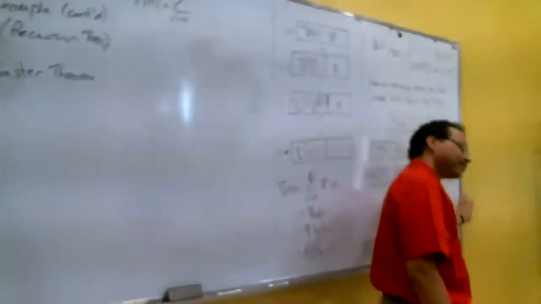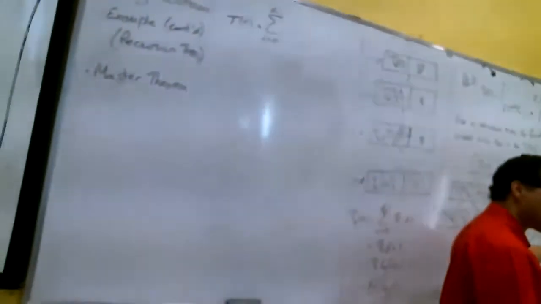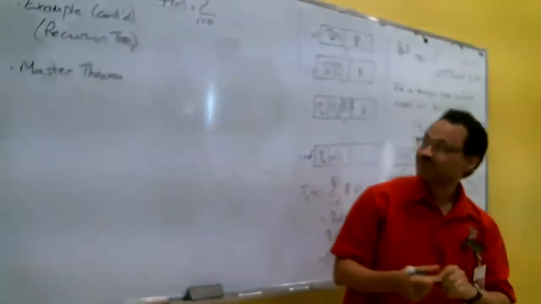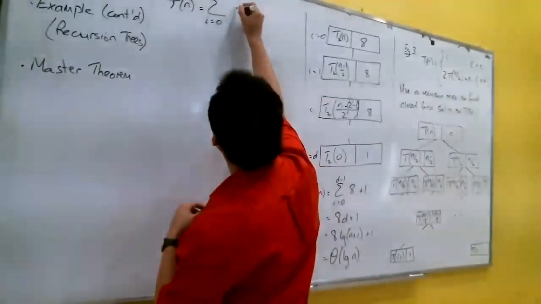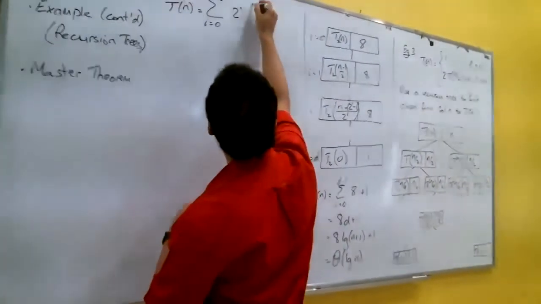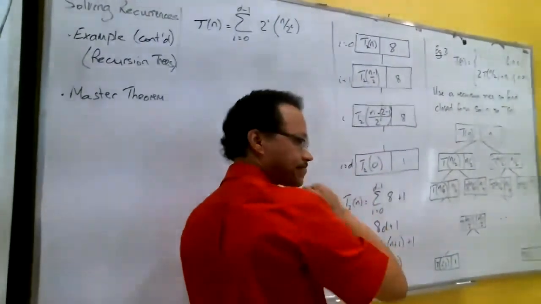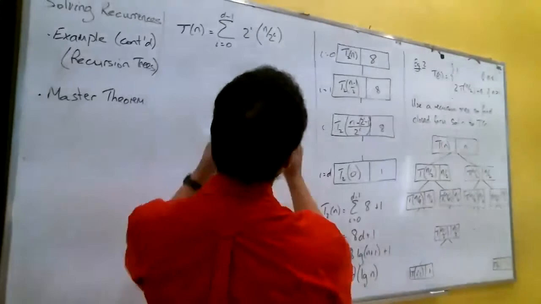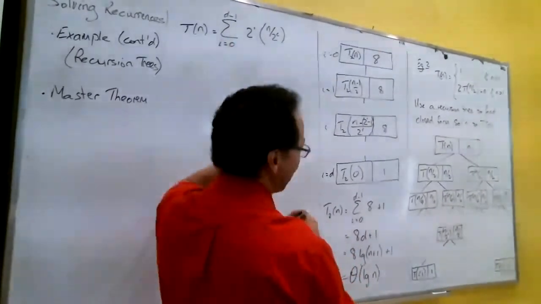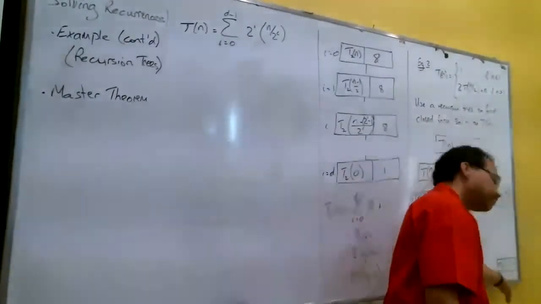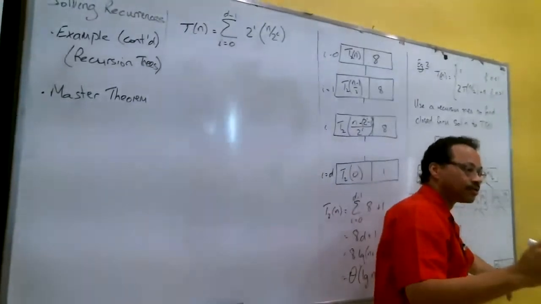You have to ask yourself, how many of these nodes do you have? All of them will have the same overhead, right? You notice that? You're going to have 2 to the I of them. So what I have here is 2 to the I nodes, and each of them has an overhead of n over 2 to the I. So I'm summing those from 0 to D minus 1, and then at the leaf level, I have a bunch of 1s.